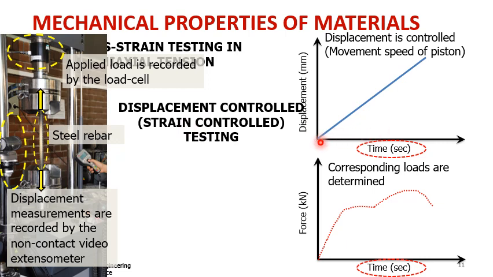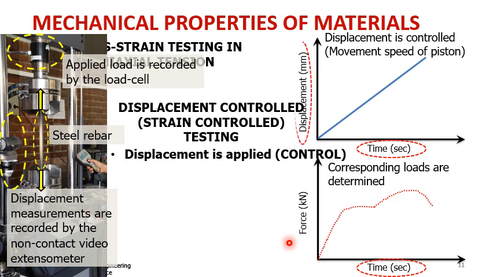So we are controlling the displacement, and we are measuring whatever force we get from this load cell. So again, if I were to repeat, displacement is applied, so this is the control parameter, and the force is measured. This is the output.